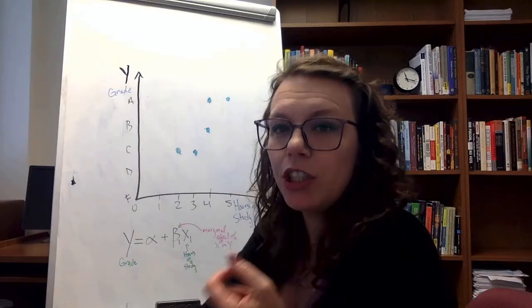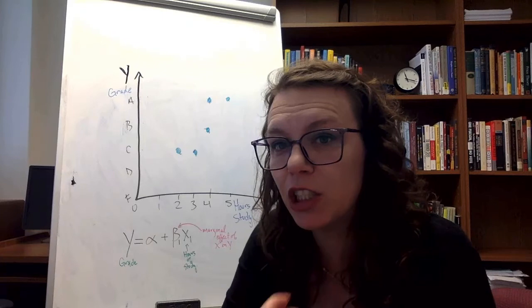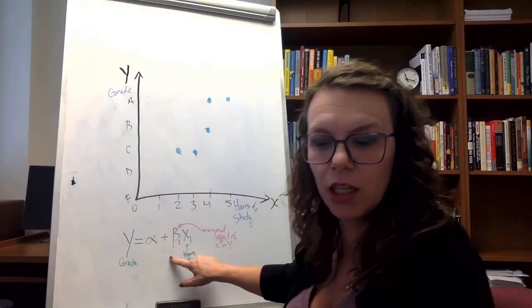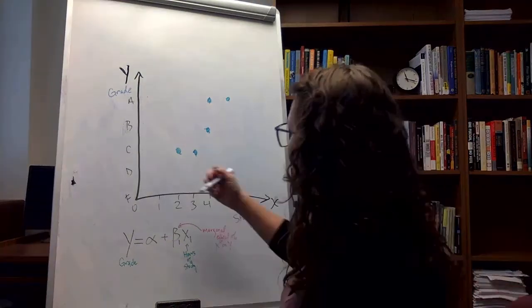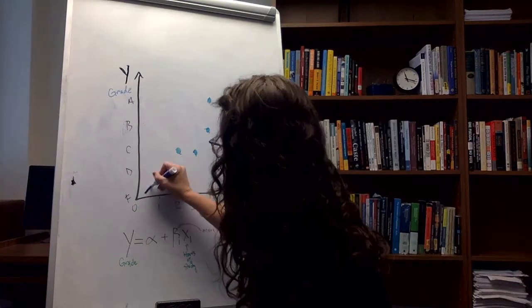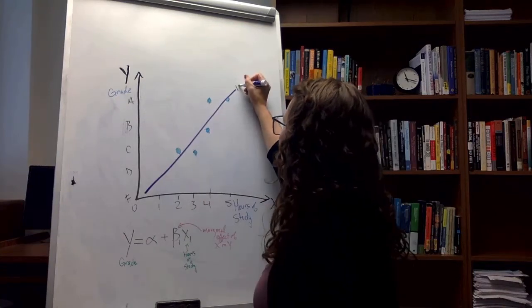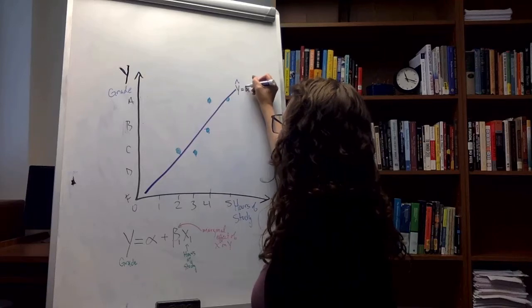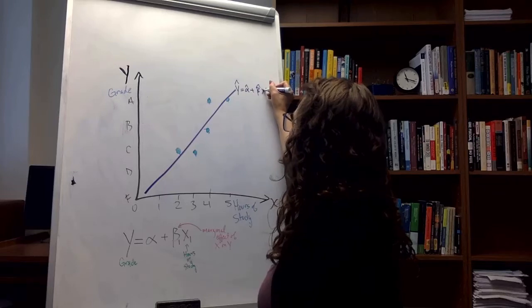And so what a regression equation does, what statistical software does when it estimates a regression equation, is it estimates this equation to draw a line of best fit. And that means that they're trying to draw a line that goes through these points. And it's going to be y hat equals alpha hat plus beta hat x.